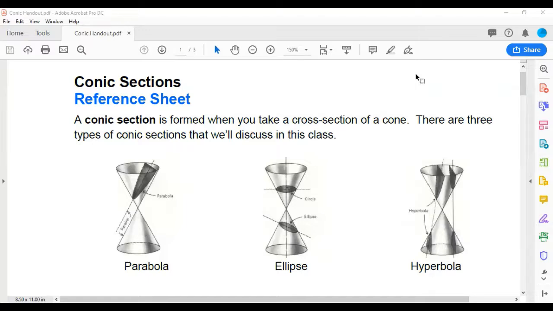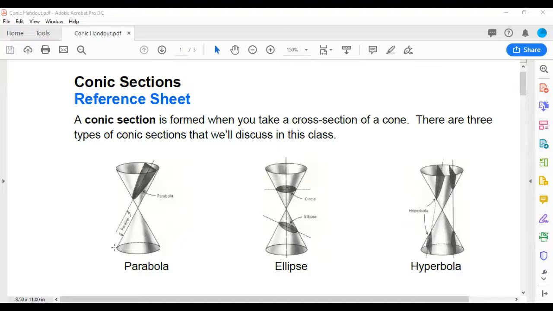So first, what is a cone in math? In math, a cone is created by taking a stick and rotating it about a fixed point. So for example, if I look at this image of a cone here, where the two, what we would colloquially call cones meet, that would be our fixed point.